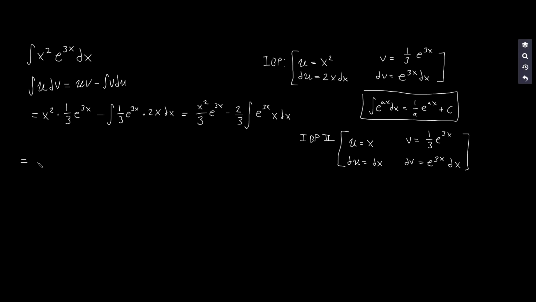This is going to be x raised to the second power over 3 times e raised to the power of 3 times x, minus 2/3. Then we're going to have our integration by parts, part 2.